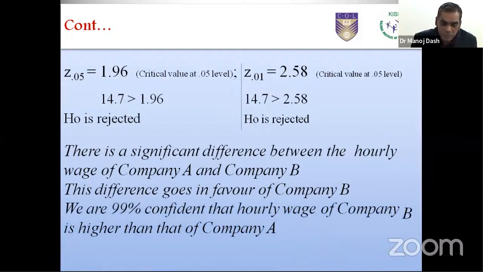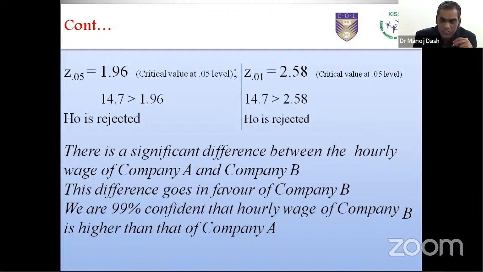So we are 99% confident that the hourly wage of company B is higher than that of company A. The probability is 0.99. In saying that we are 99% confident, we are committing an error, only a 1% error. The probability of committing the error is only 0.01.